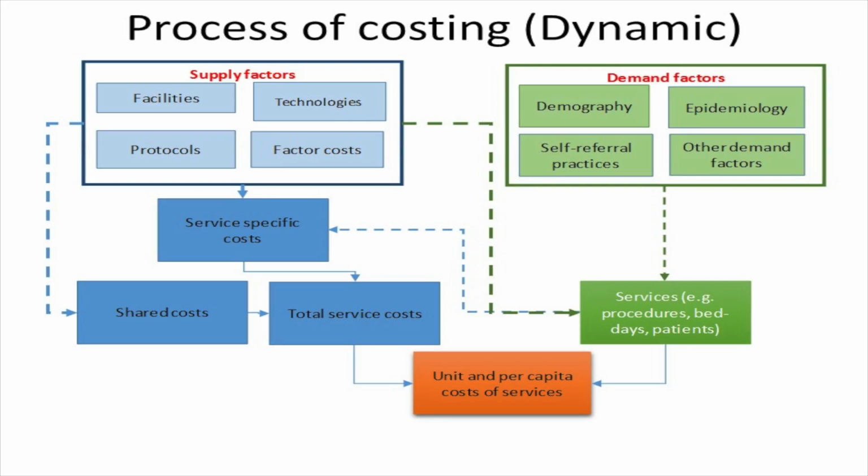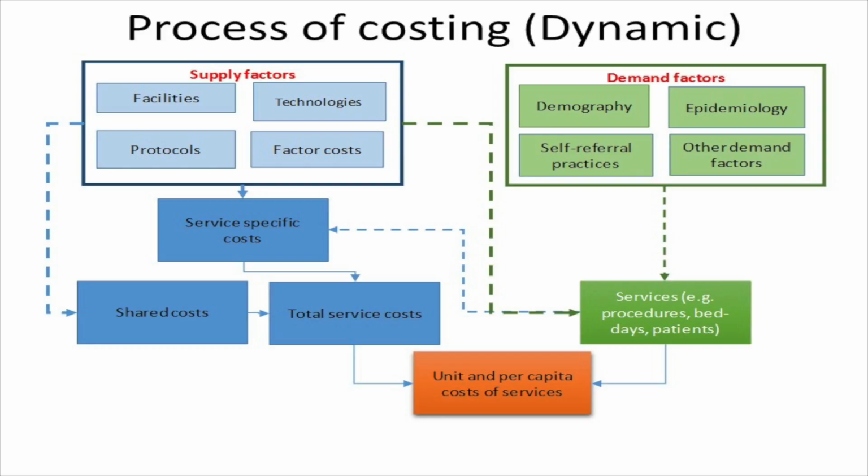So into our initial very simple numerator-denominator model, what we've tried to do in a number of these studies is to incorporate the dynamic that's inherent in the health system to enable us to come up with a model that will predict realistically the costs of extending coverage as the system evolves.